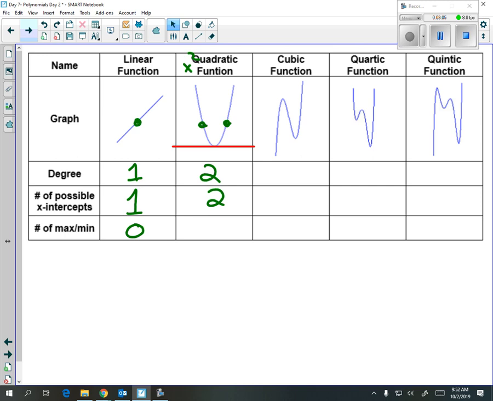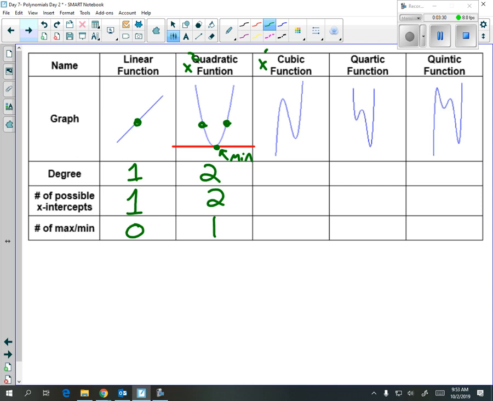Y equals x squared only has 1 x-intercept. It just has a maximum amount of 2. This one also has a minimum point. So it has 1 minimum, or if you see an upside down parabola, which is an upside down quadratic, it'll have a maximum. So it depends.